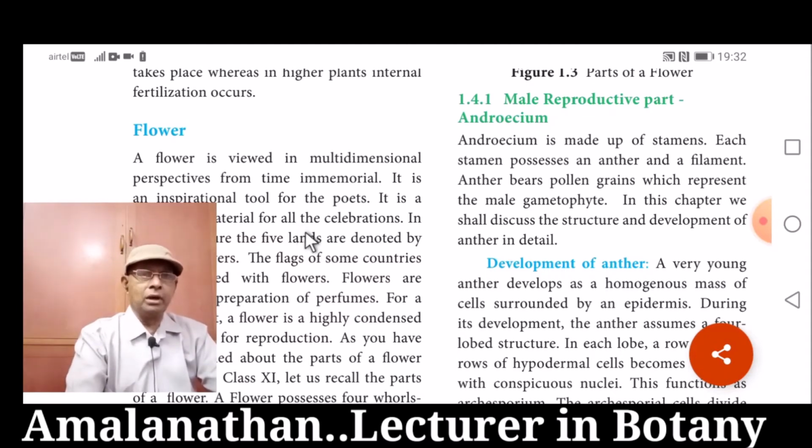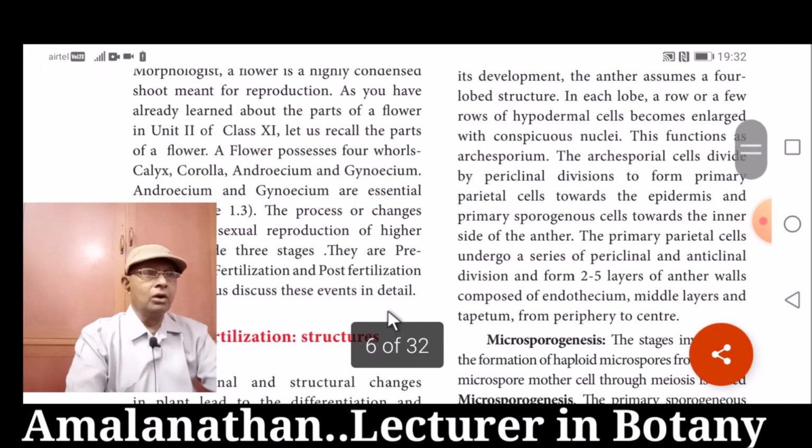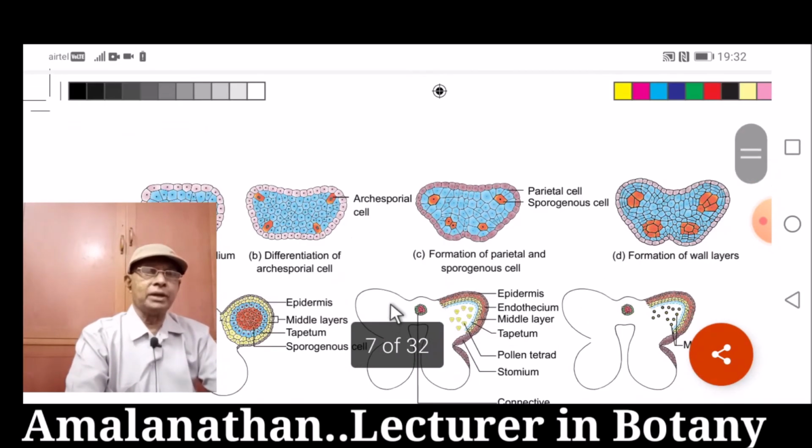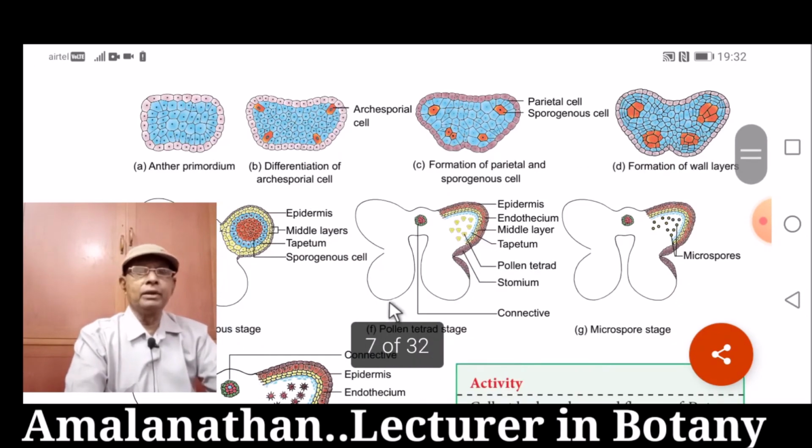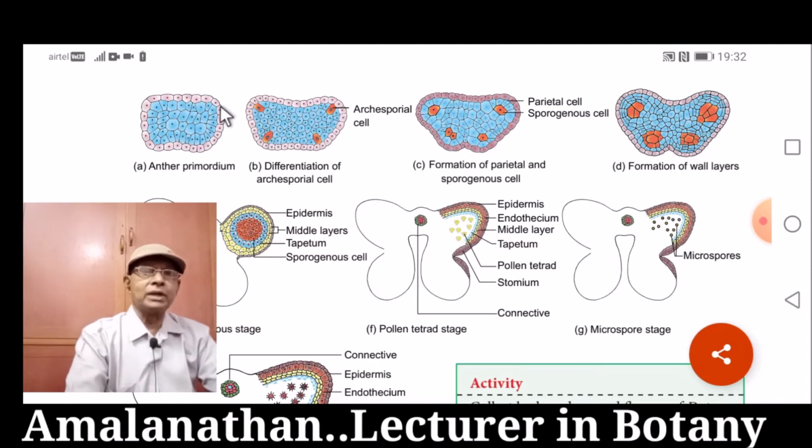Now we'll see the development of anther. Anther is a four-lobed structure. Initially, the anther consists of a four-lobed structure. 1, 2, 3, 4. There are four lobes present in each anther.